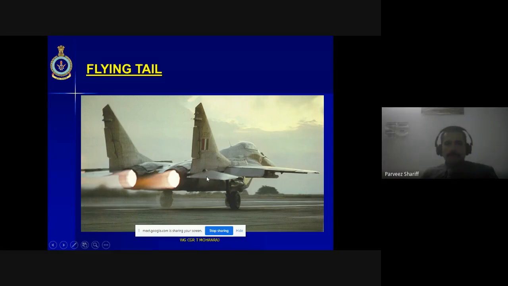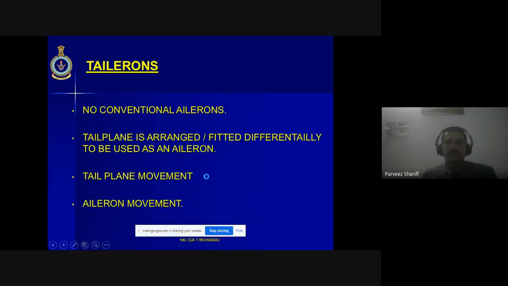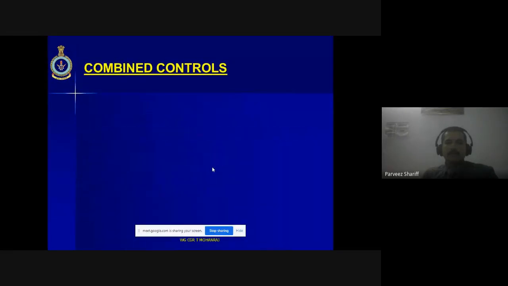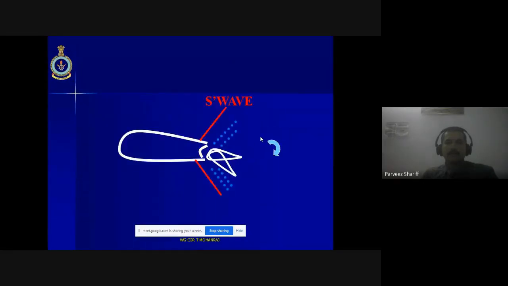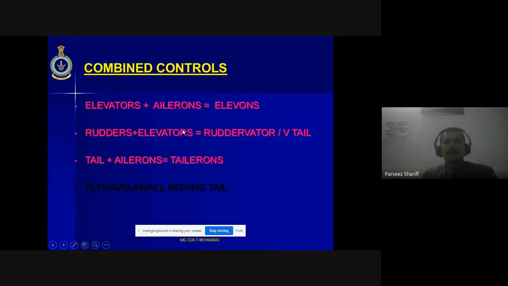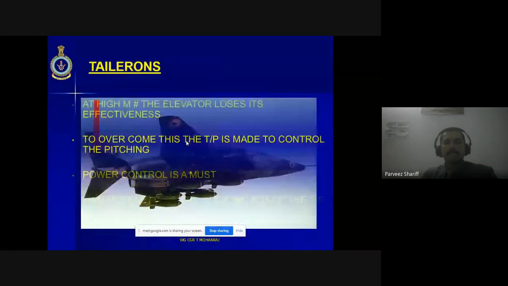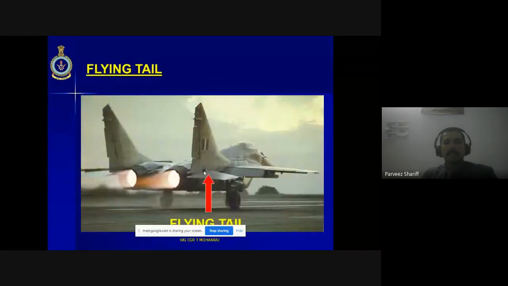Because as we have seen in this previous diagram, at high speed, when the shock waves are created, there is no effect of this movable part. So this entire section itself is made as movable. So this is a flying tail.